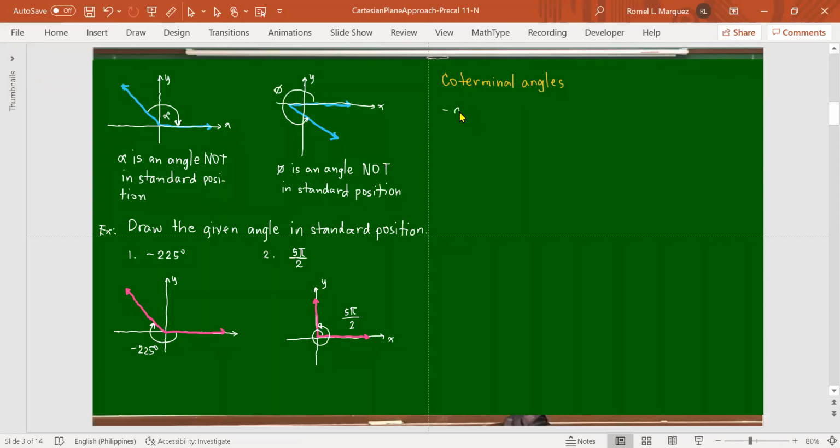These are angles in standard position that have a common terminal side. Very good.